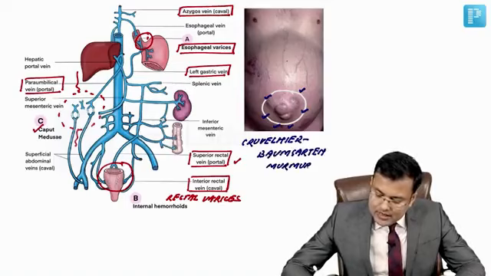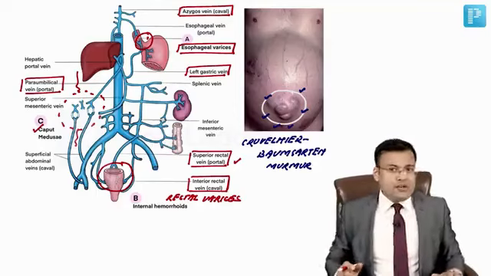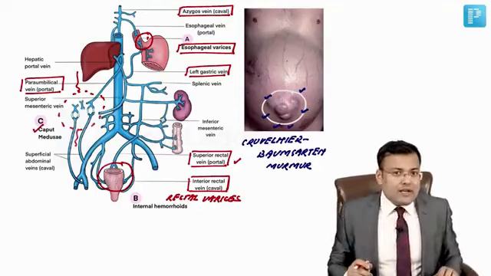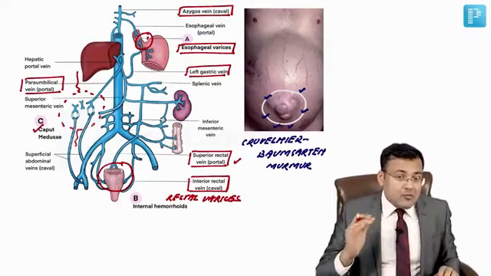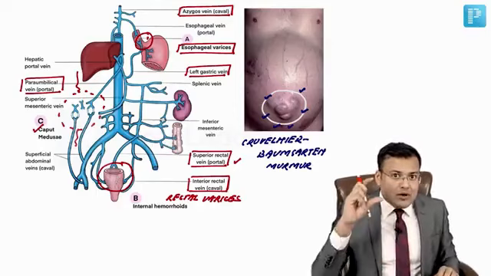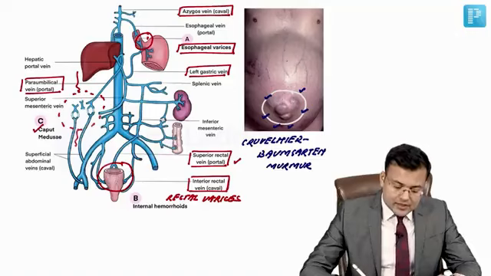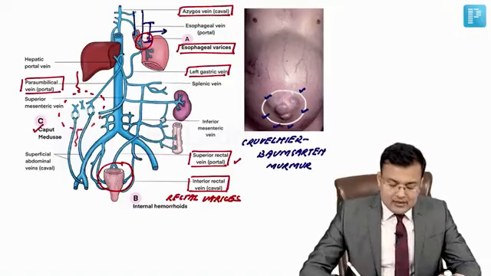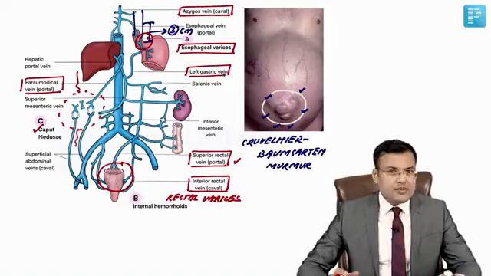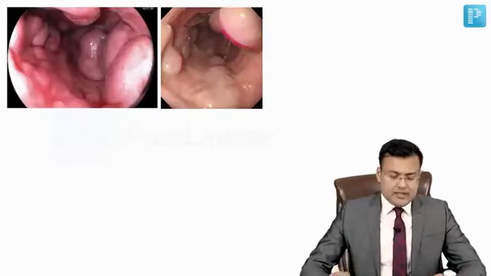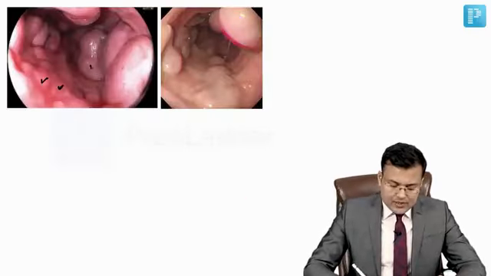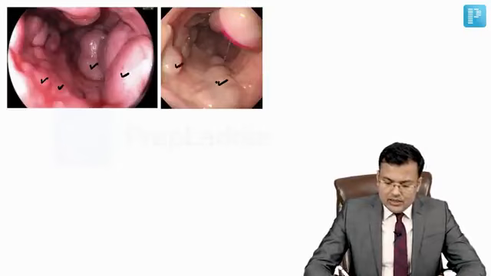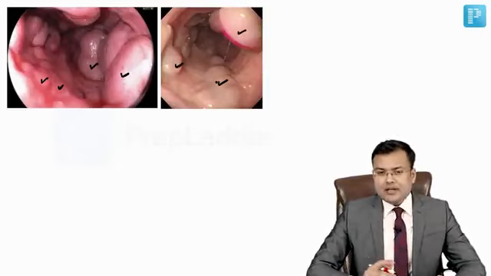Second point, there is formation of esophageal varices, and in the majority of cases the bleeding occurs from the lower 3 cm of the esophagus. So if this is the esophagus, in esophageal varices bleeding mainly occurs from the lower 3 cm. Here you can see the appearance of esophageal varices on endoscopy.